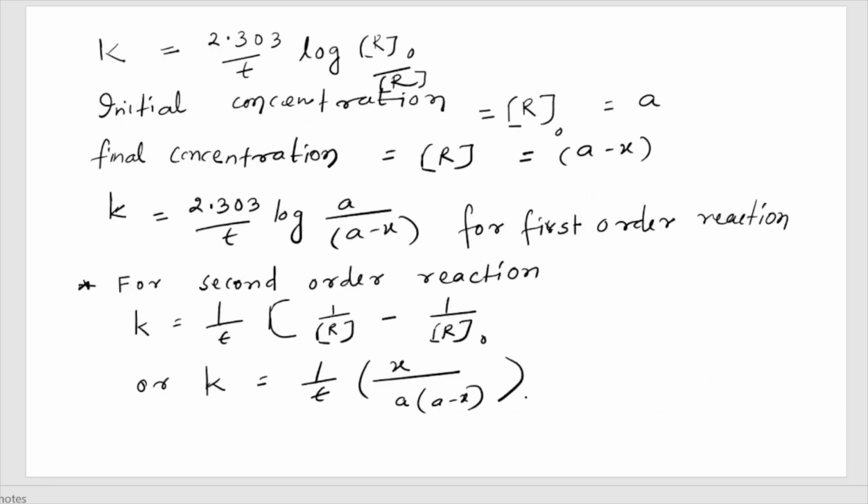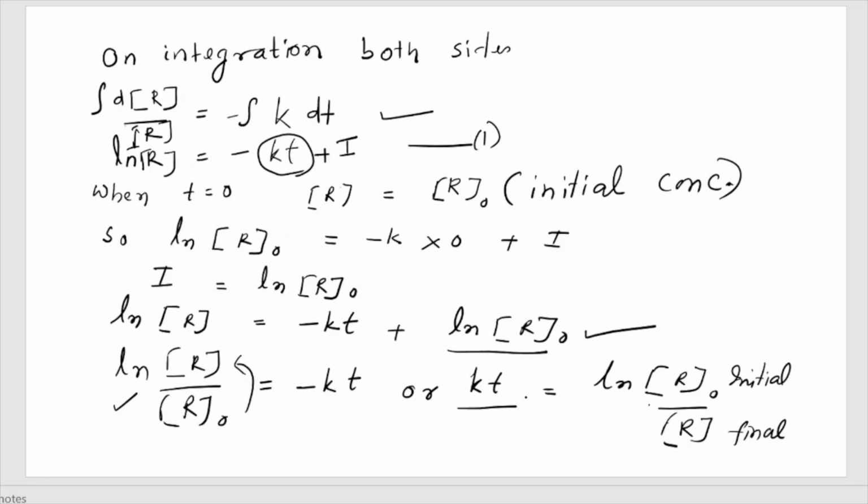Then you will see how to simplify this one. Instead of ln, if you put 2.303 log, that is also correct.